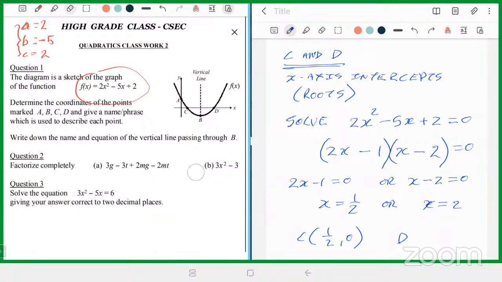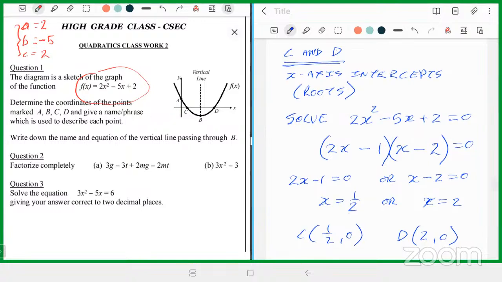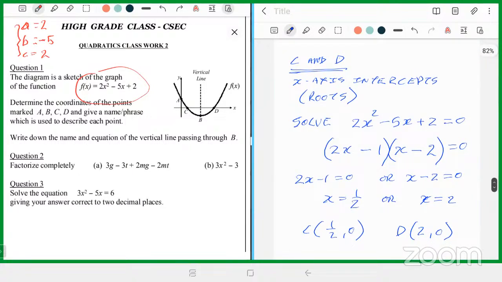It is to the right of C. So it must have the larger x value. In this case, it is 2. And so D is the point 2, 0. And so those are my coordinates for C and D. So I've given the name and the coordinates for all the points, A, B, C, and D. So those are my answers so far.